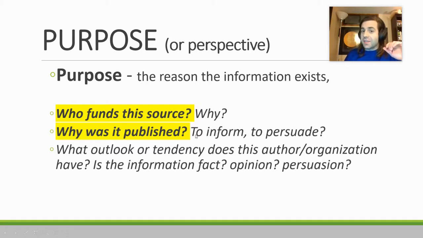Now, obviously, that's a small percentage of the internet. Everything else is opinion and me trying to get you to buy something or trying to believe something. And that's where the danger lies. So just because someone is trying to persuade us doesn't necessarily mean that their information is wrong. It just means that we need to keep looking for the other perspectives before we make a final decision. So look for those tendencies. Where is this information coming from?